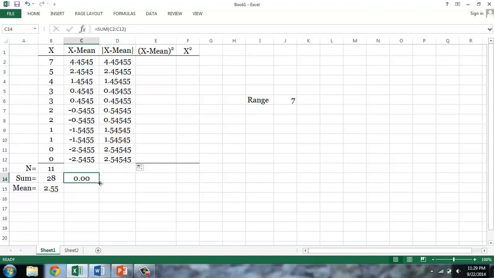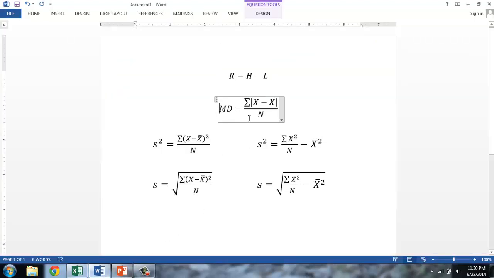And so now, when we sum those scores, we get a non-zero value. This number represents the numerator of the mean deviation formula. That is, it is the sum of the absolute values of the deviation scores.